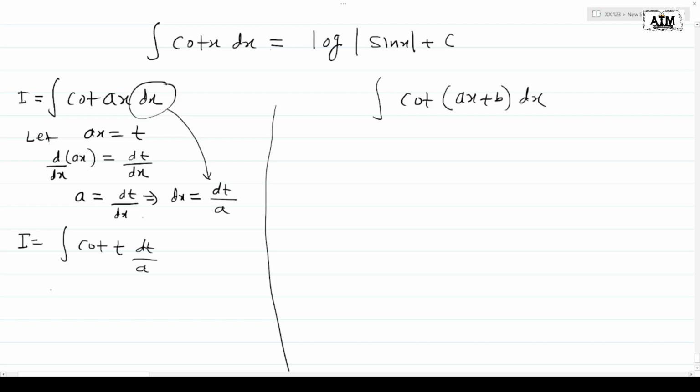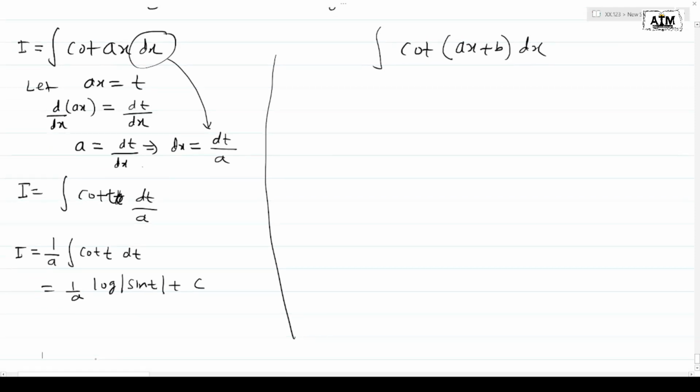Now a is a constant, so 1 upon a is taken outside: 1 upon a integration of cot t with respect to t, which is nothing but log of sin t plus c. Now put the value of t back, t is ax, so 1 upon a log modulus sin of ax plus c. This is the required solution.